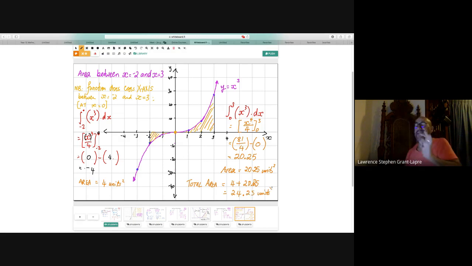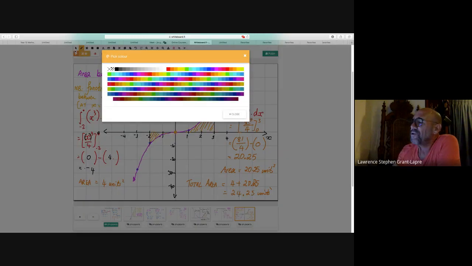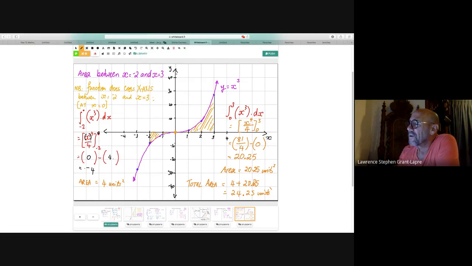All right, it is different. How different? Well, do you notice that 20.25 was our value for our definite integral here, and -4 was our value for our definite integral over here.